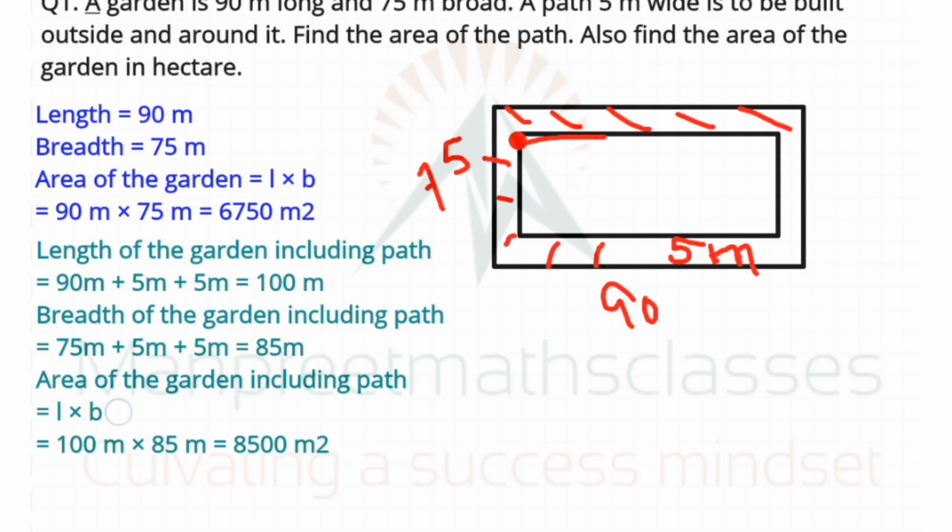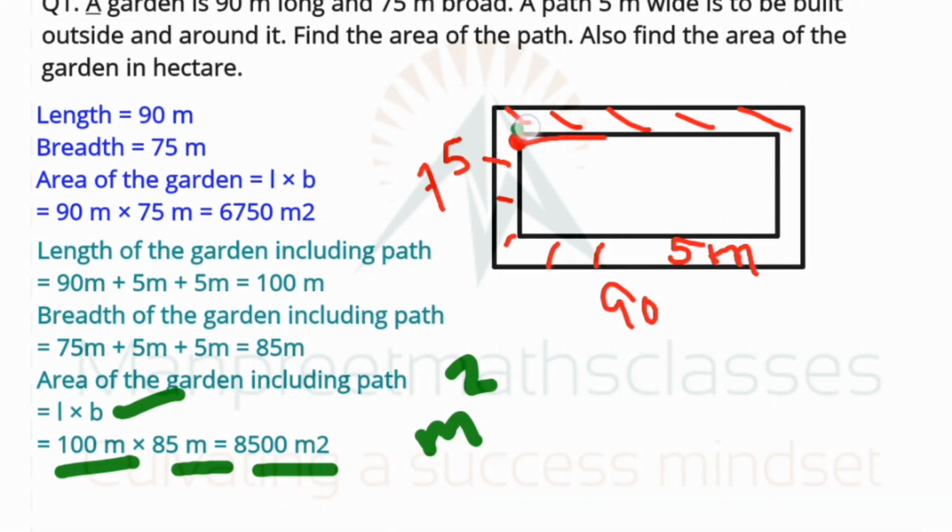The formula of area is length into breadth. We write the values, 100 into 85. I hope you all know whenever we multiply a number with 100, we directly put 2 zeros at the end of that number. As I did here, 8500 meter square is the area of the garden including the path.